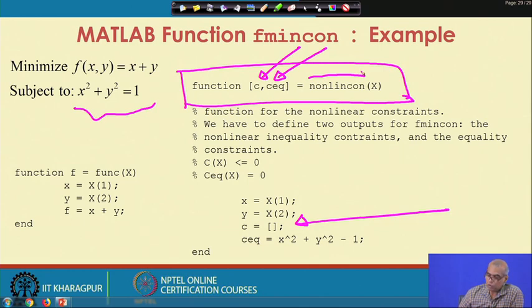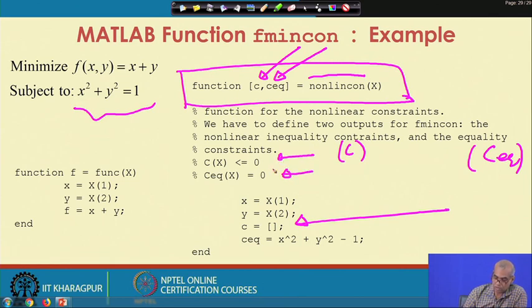We have to define two outputs for fmincon, the nonlinear inequality constraint which is C and the equality constraint which is C eq. These are those two constraints. For me, this I do not have in the problem, this I have. Again this x contains small x and small y for the problem.